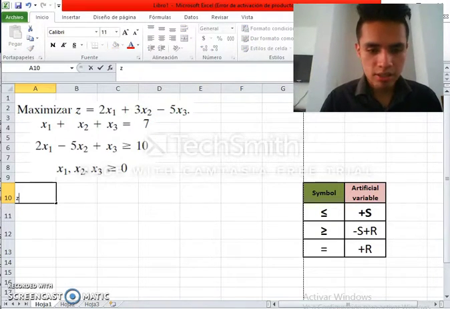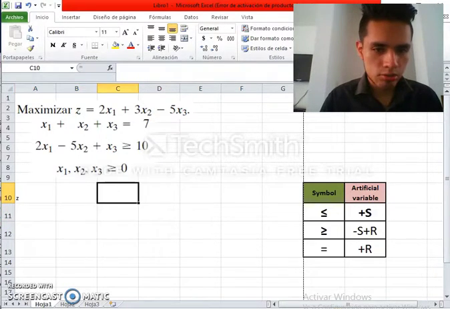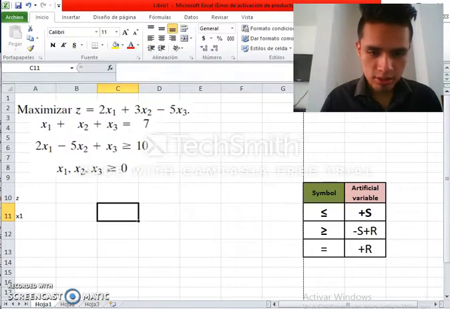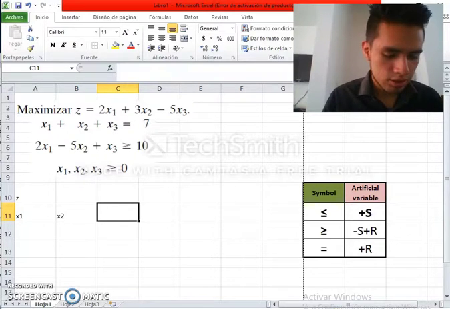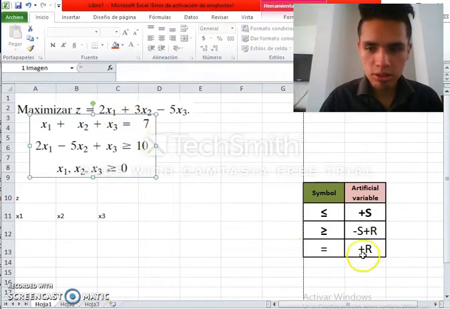C equal to 0, x1, x2, x3. This is equal to 7.